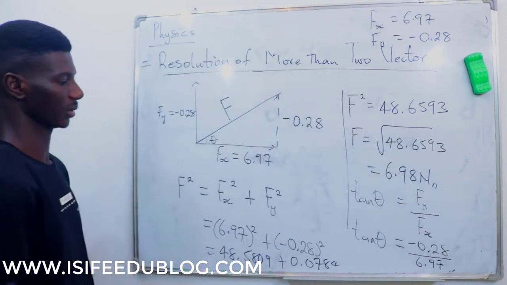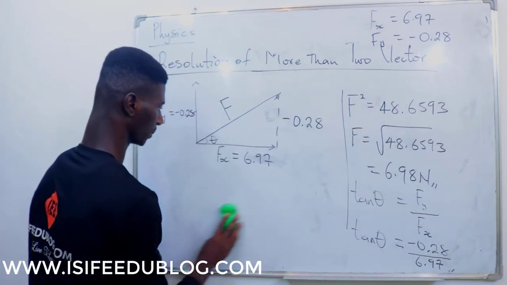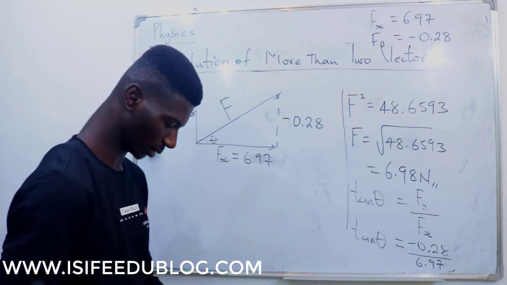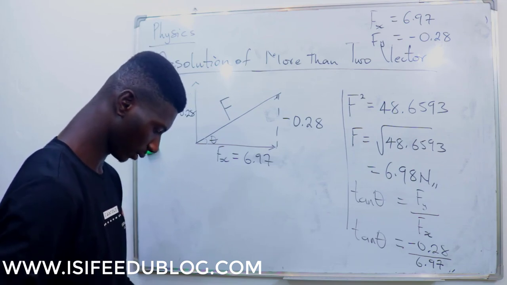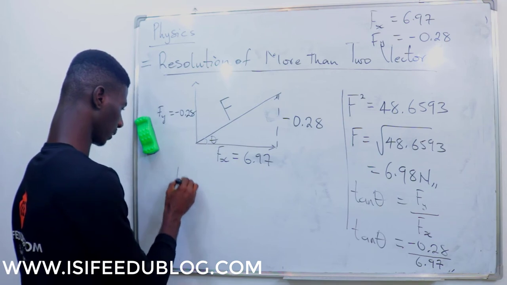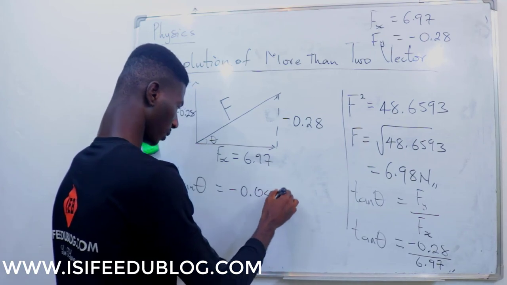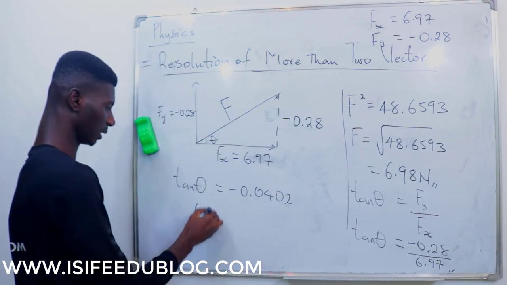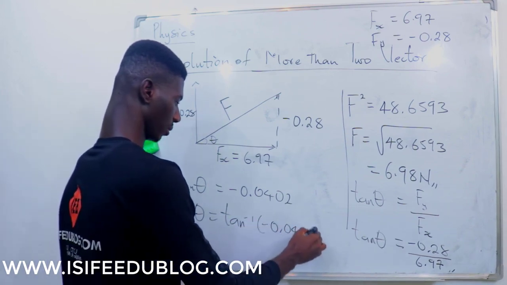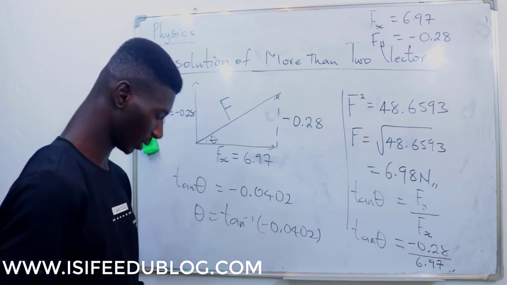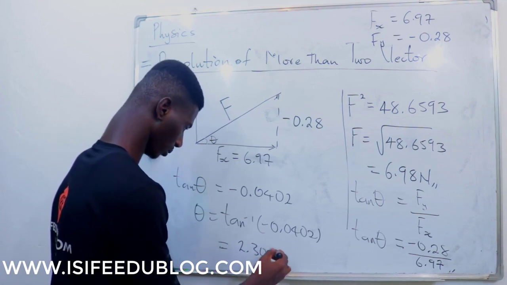If you divide this with your calculator, 0.28 divided by 6.97 gives us tan theta to be minus 0.0402. Then the tan inverse of this becomes 2.30 degrees.